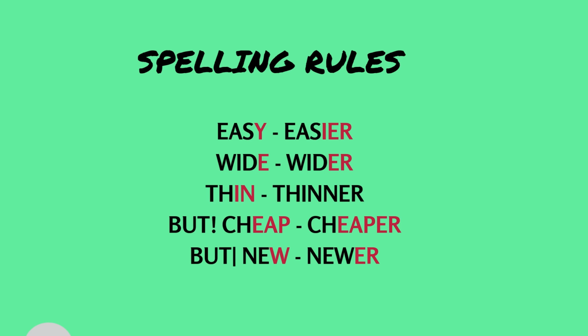But be careful, if the adjective has two vowel letters before the final consonant, as in the adjective cheap, we have these two vowels, EA, and then the final consonant P. In this case, you do not double the consonant. Or the adjective new, you do not double this letter W. New, newer. So these are the basic spelling rules to form the comparative adjectives.